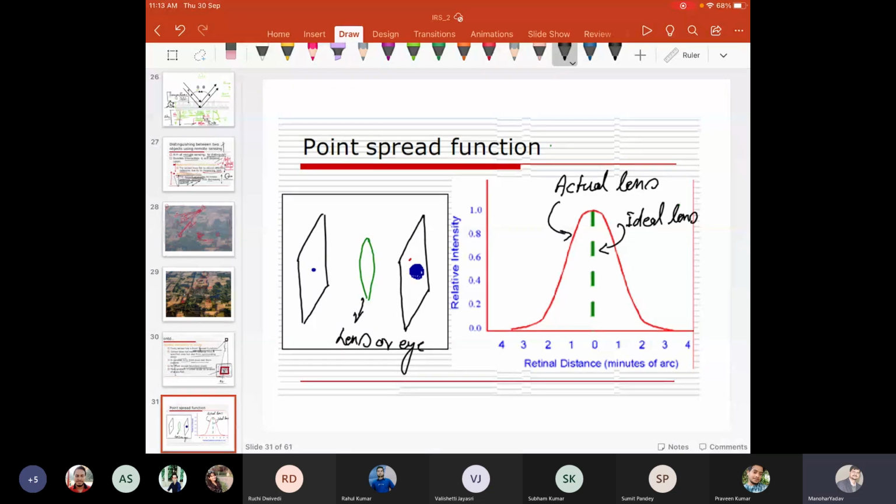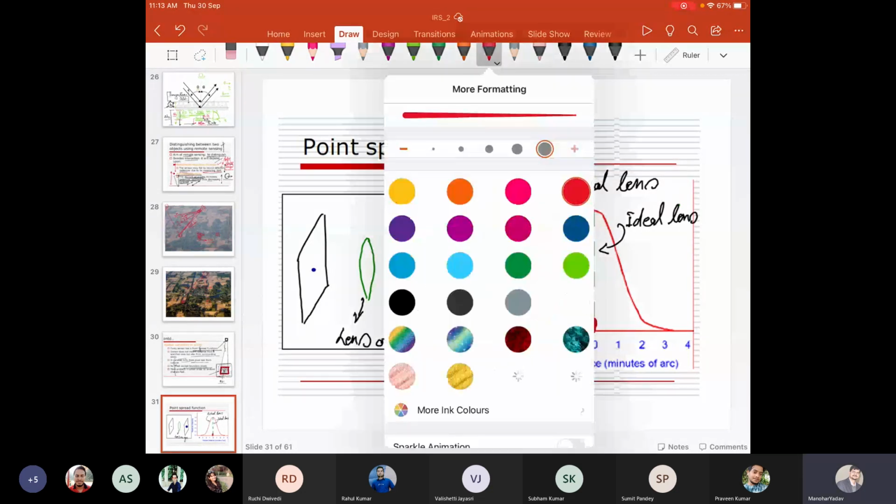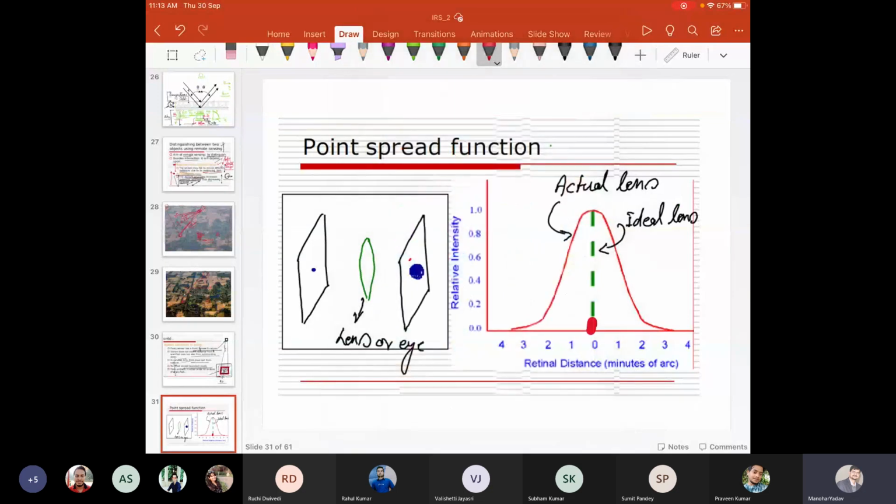A transfer function is plotted over here. When we consider the ideal lens, an ideal lens should have this transfer function as an impulse function, but this impulse response can't be obtained by a real lens, a real sensor. So it is a kind of Gaussian distribution.